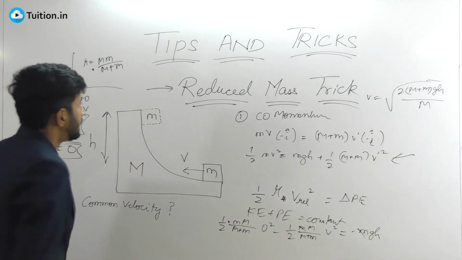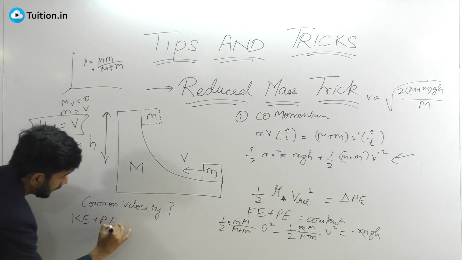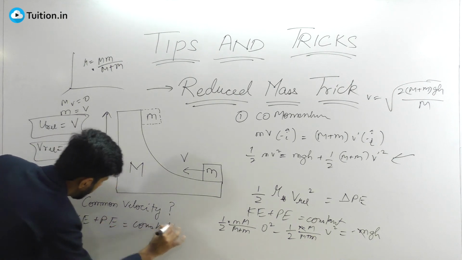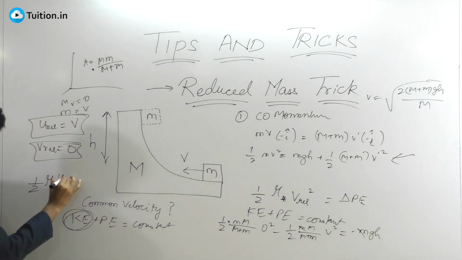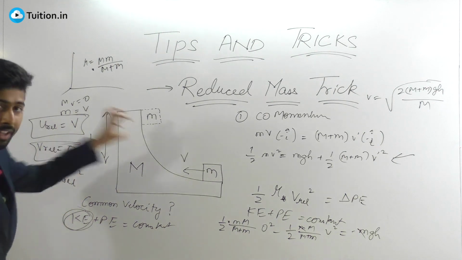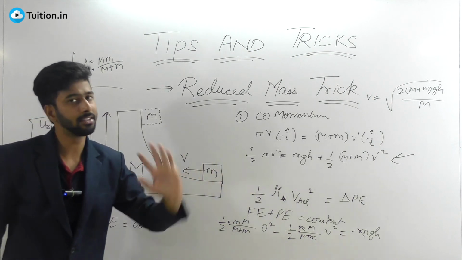So this was the same thing: kinetic energy plus potential energy remains constant. Only your kinetic energy expression changes. Half m is replaced by half mu, and v and u are replaced by v relative and u relative in this frame. You balance the energy equation and can get the answer in one step.